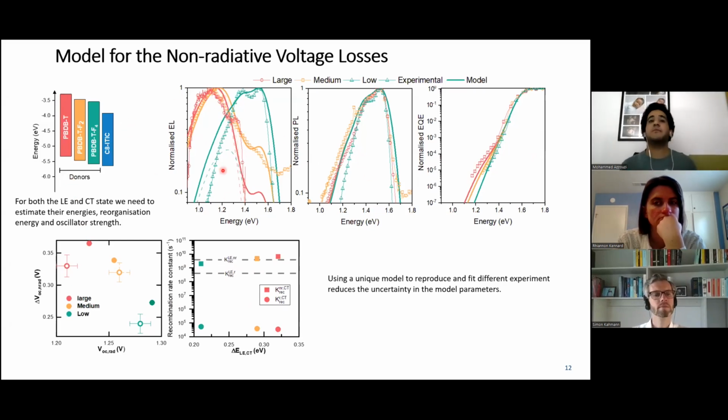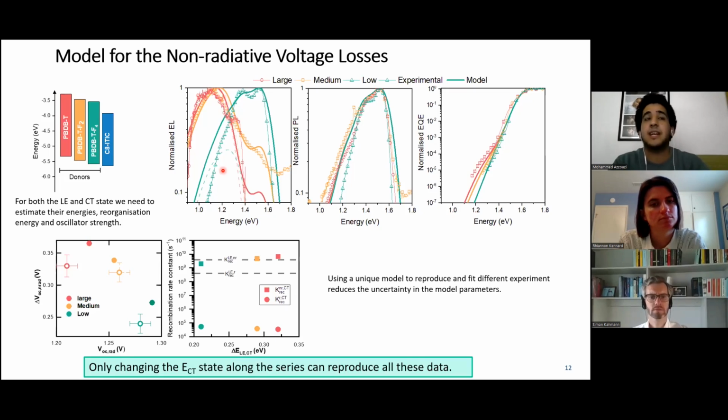So using this kind of model, we can make sense of the characterization measurements that we do, and also try and extract the parameters for this CT state that can explain the trend or the experimental results that we see. In this case, the only thing that we've changed along this series was just the CT state energy, or the difference in Gibbs free energy between the CT state and the ground state.